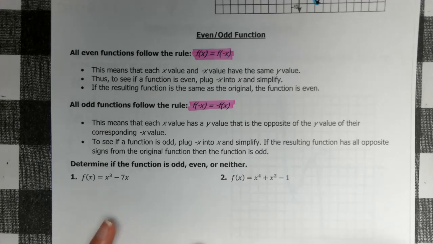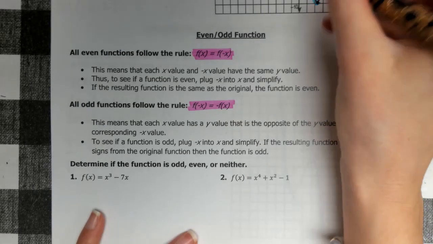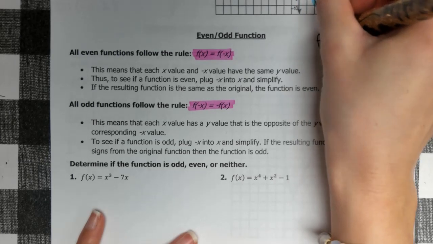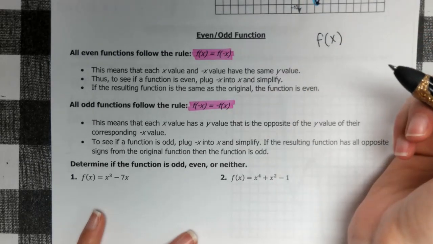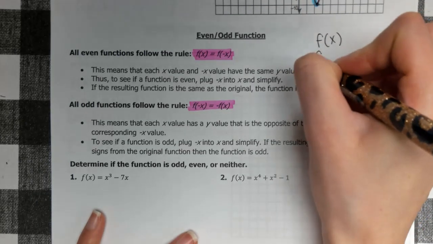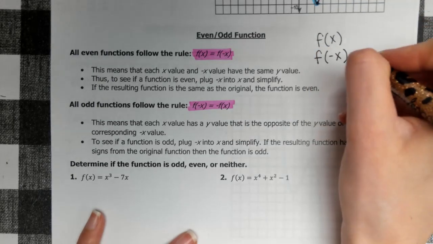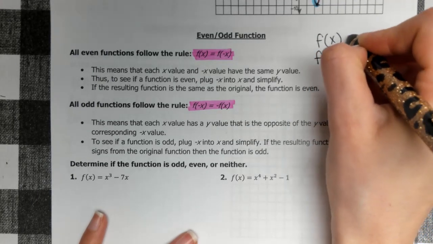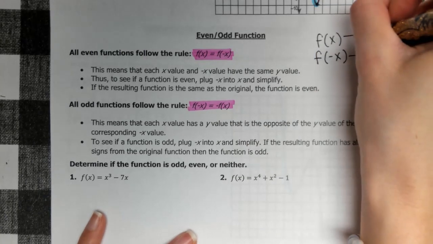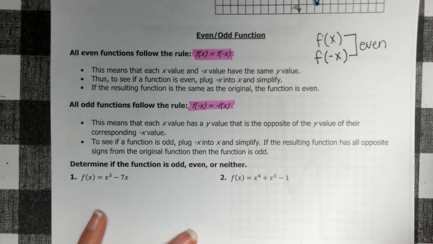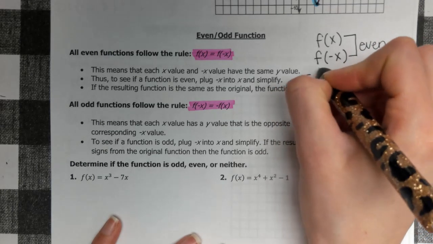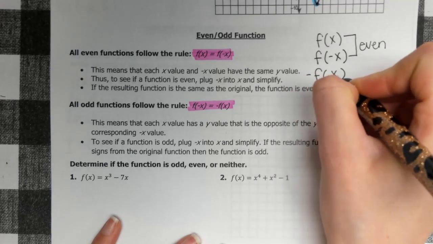So what we're going to do is analyze, first we have our f of x, that's given. Then we're going to find f of negative x. If those two are equal, then it's even. If they are not, then you find negative f of x.